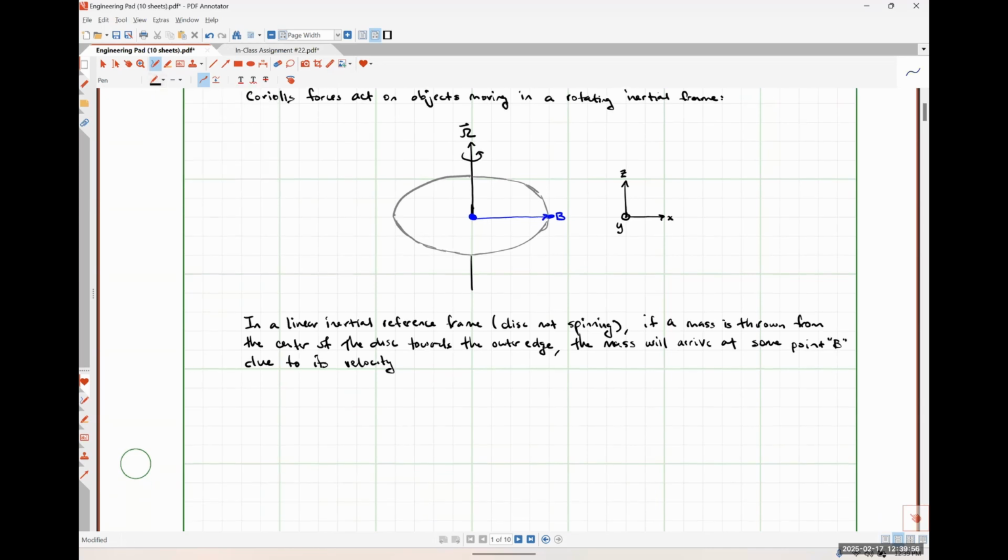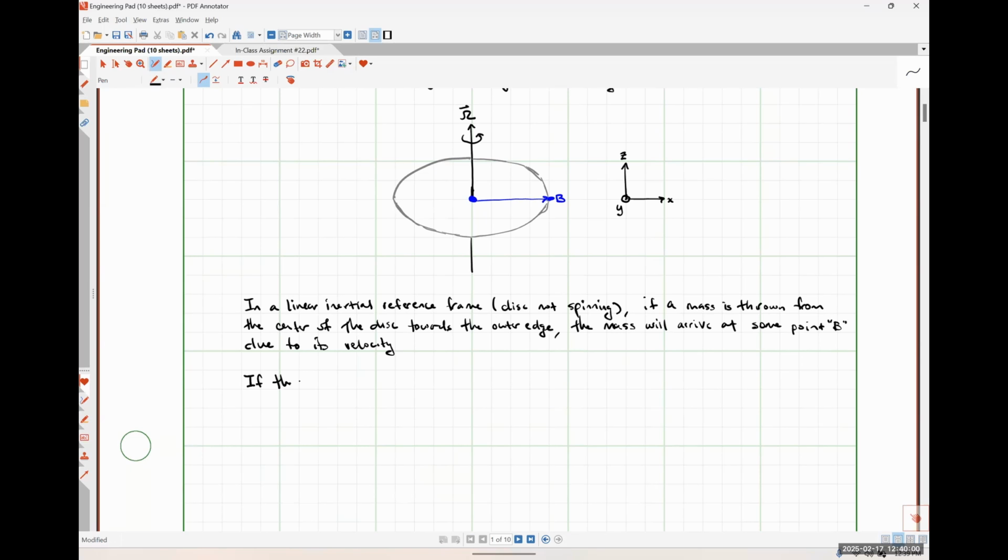Well, if the disk is spinning, a throw from the center directed at point B will instead arrive at a point A, which has moved in front of the mass.